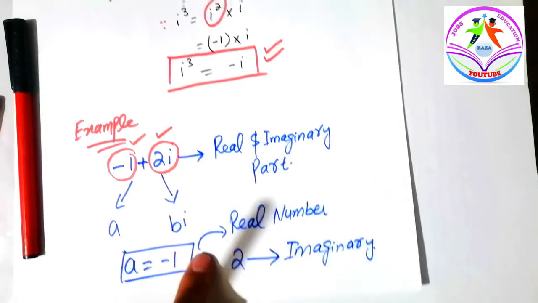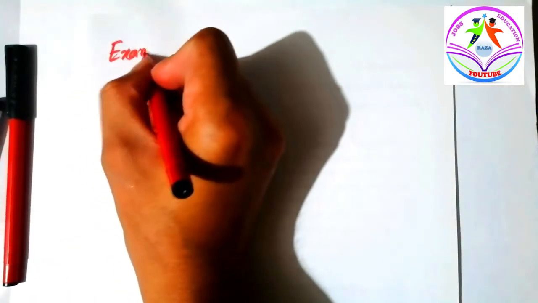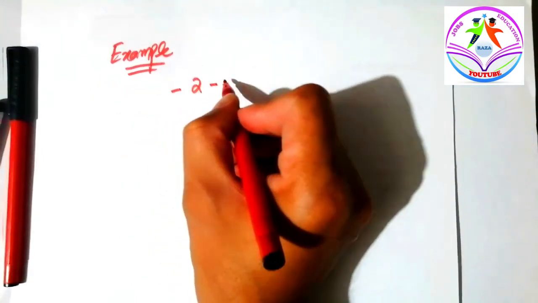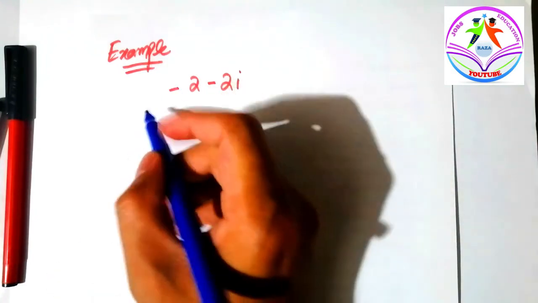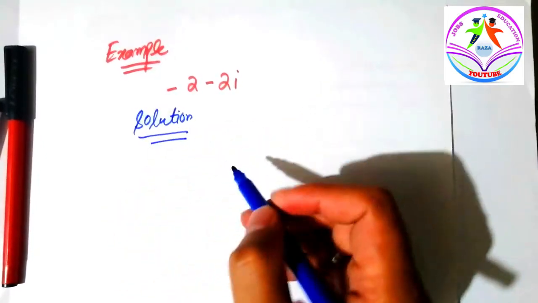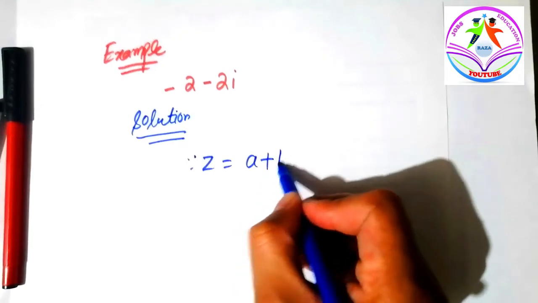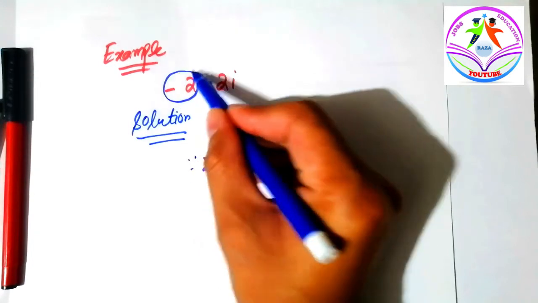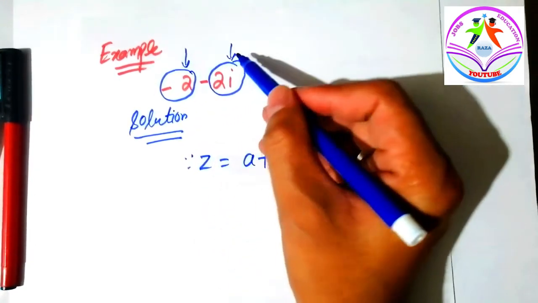Let me give you another example. We have minus 2 iota, and we want to find the solution of this type of question, to find what is the real and imaginary number. So we know that z is equal to a plus b iota. Here this is a and this is b iota, the imaginary part.